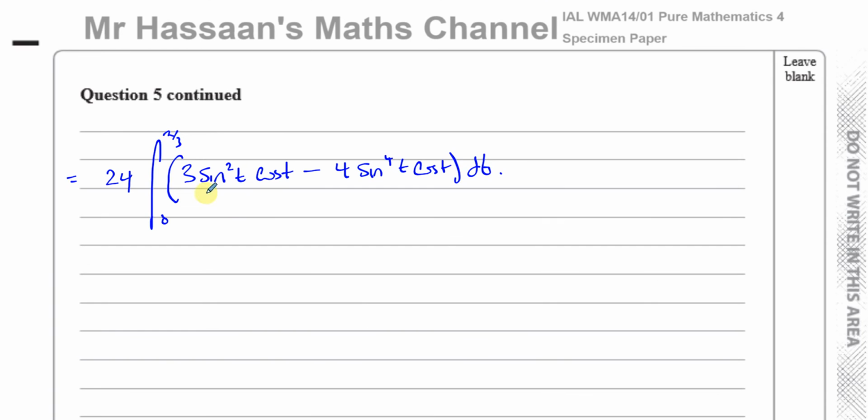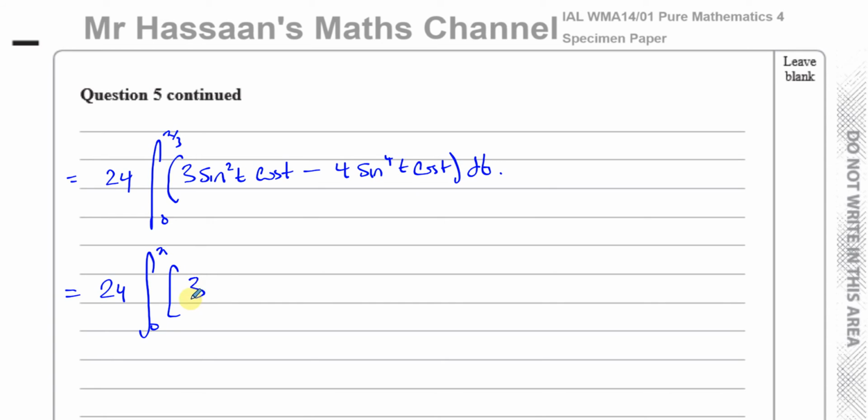Okay, so as I was saying, this is like the form of the differential of something. The main function is sine something all squared. Inside the function is sine t, and outside the function is the differential of sine t, which is cosine t. So what I'm going to do is rewrite this slightly, just to make it a bit clearer.